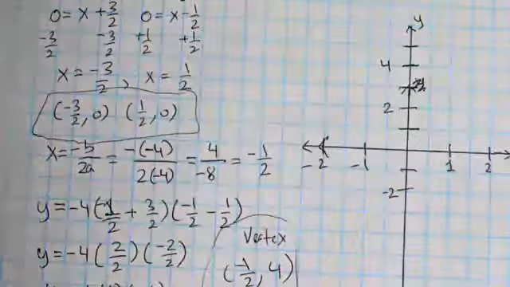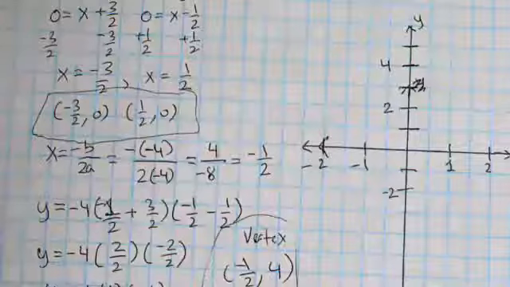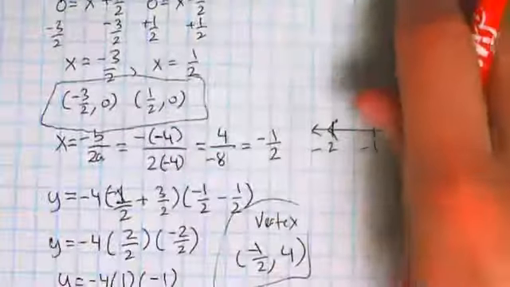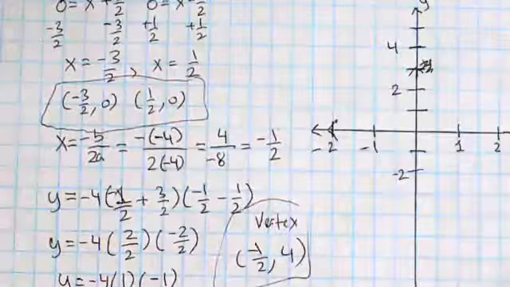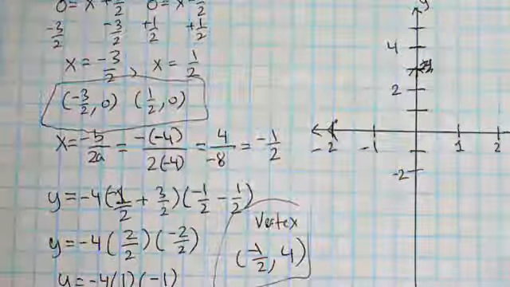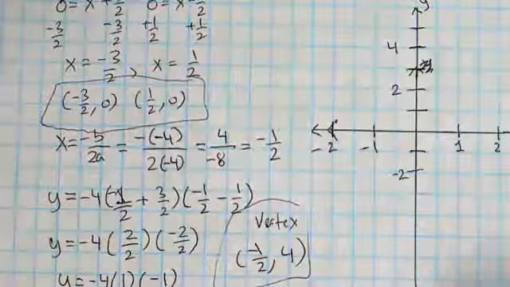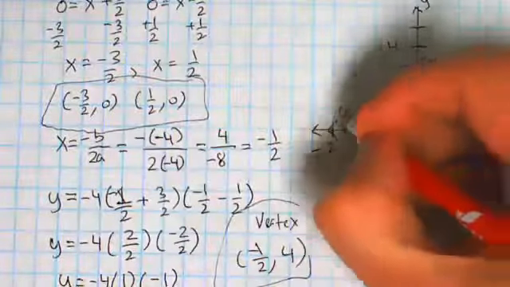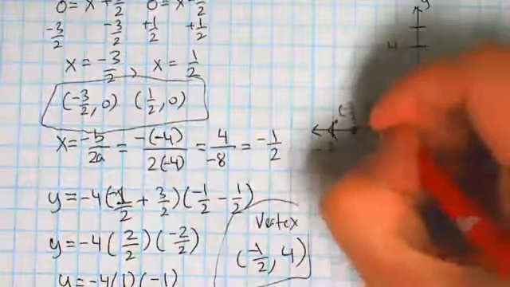Okay, so let's go ahead and look at our points. So the first one is going to be -3 over 2, 0. Excuse me, that was completely wrong. -3 over 2 is the same as -1.5, or the midpoint between -1 and -2. So that means our first point is right here, -3 over 2, comma 0.